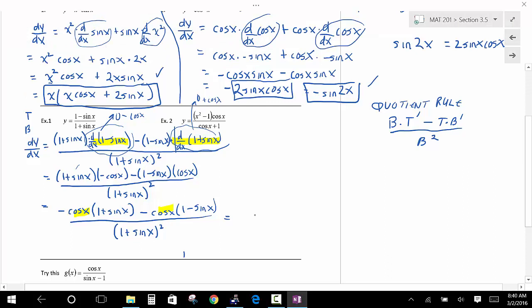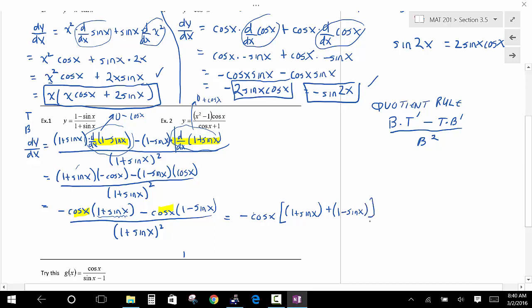So you're going to take it out, and you could even take a negative cosine out if you wanted to. That's what I'm going to do, though you don't have to. So I'm going to take negative cosine out, and then watch this carefully. If I take that out, what you're going to be left with is 1 plus sine x, like that. That's going to change that sign to positive because I took a negative out. Then you're going to have 1 minus sine x like this.